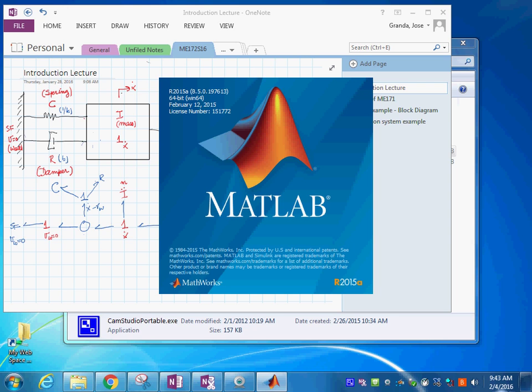In MATLAB, we need to do just the stating what the parameters are, and this should be able to do what we need to do. So we'll wait a little until MATLAB decides to come up.